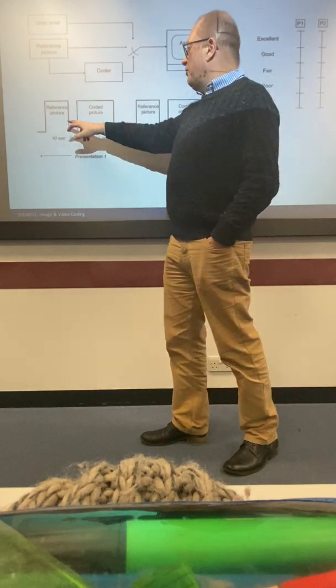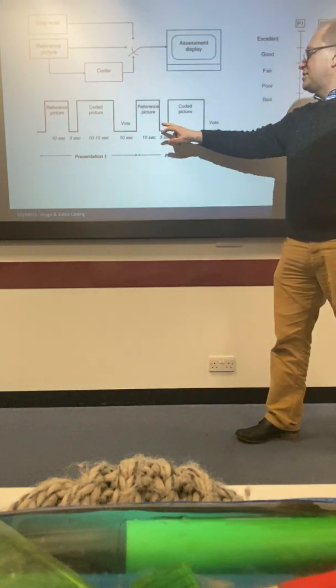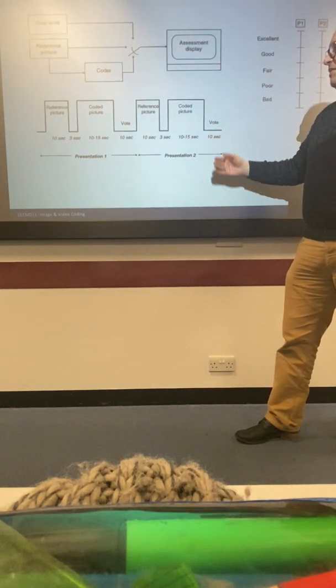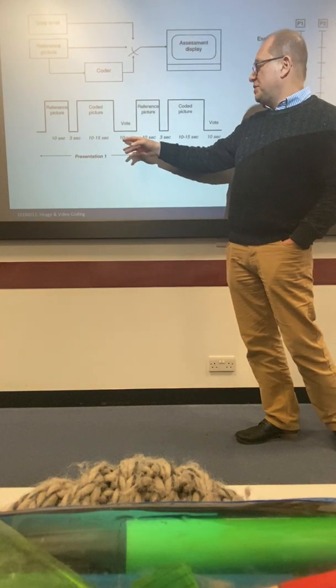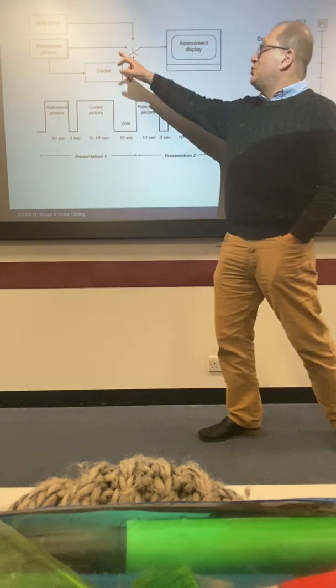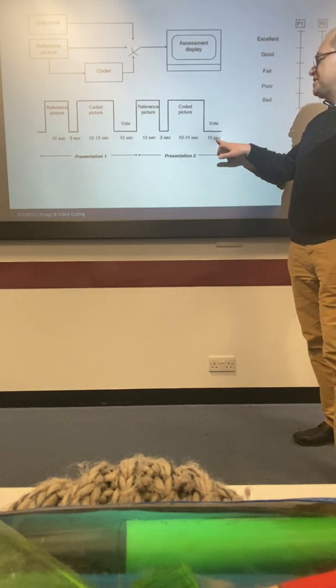You show people the reference picture, decoded picture, then they vote, then you show the reference picture, coded picture, they vote again, and there are even standards for how long you do that. So 10 seconds reference, 3 seconds you show the gray level to erase a bit, and then you show the coded picture for 10 to 15 seconds, and then you give them 10 seconds to vote.